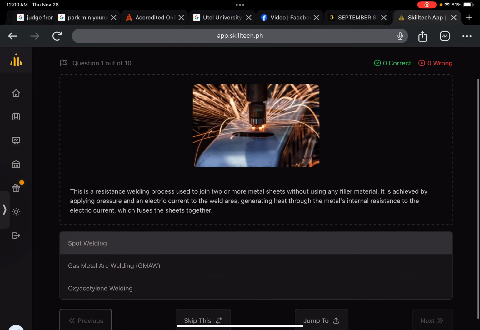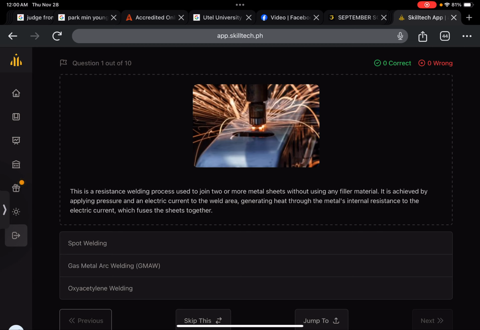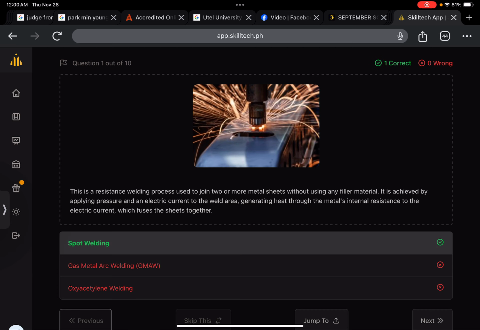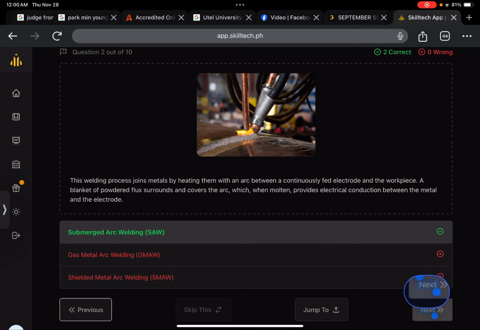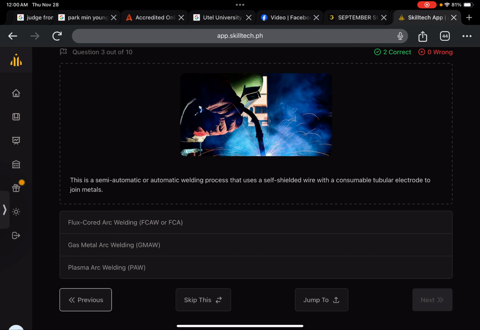Okay, this is a resistance process to join two or more metal sheets without using any filler. This is spot welding. Next, process joins metal by arc. So this is submerged because the flux surrounds and covers the arc.